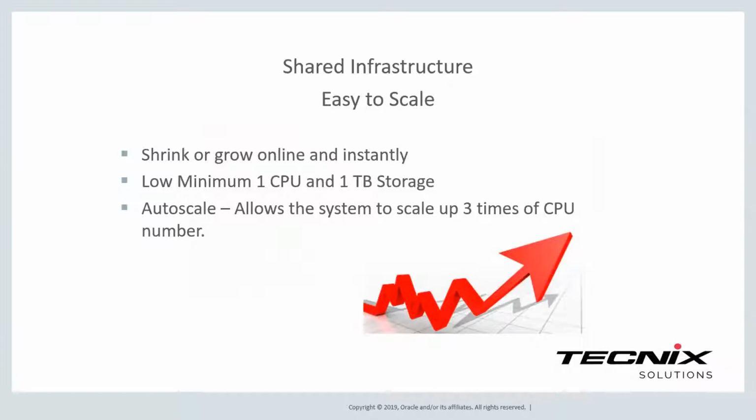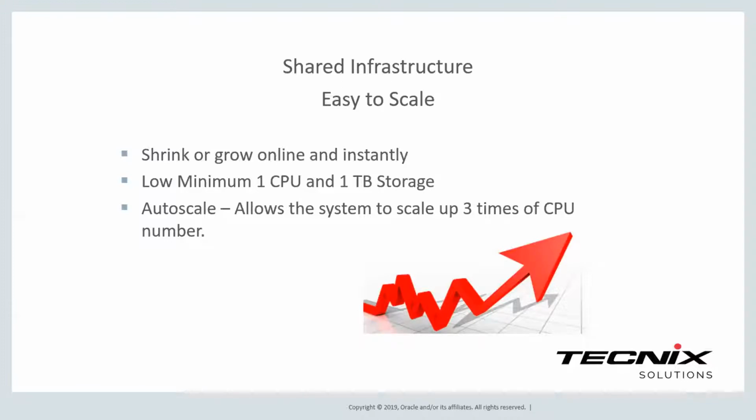We are going to speak more about the shared infrastructure because the shared infrastructure is easy to scale. That means we can start with a database with 1 CPU and 1 terabyte of storage, that is the minimum, and then we can shrink or grow online instantly.